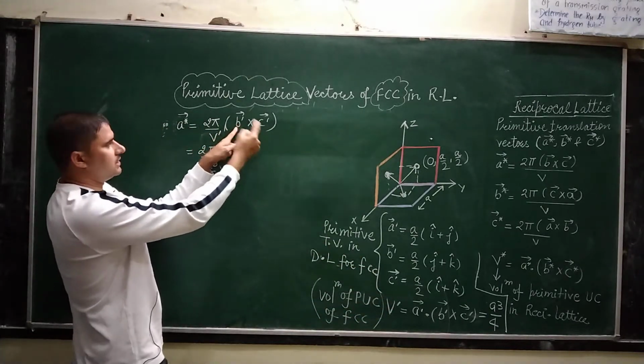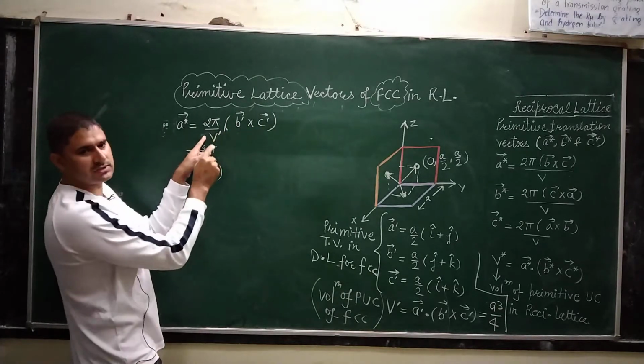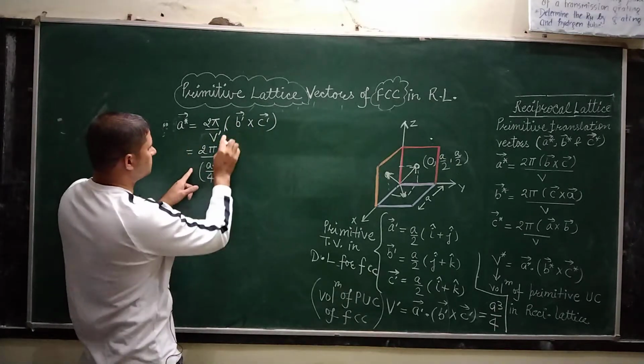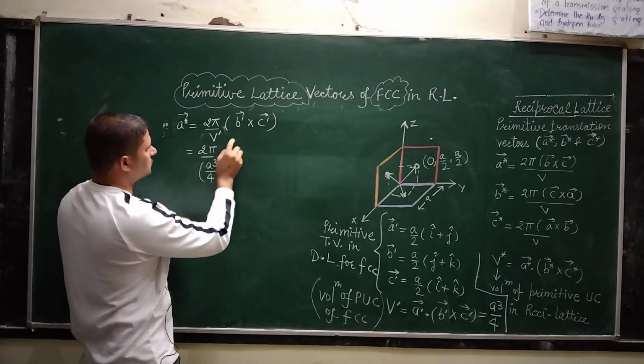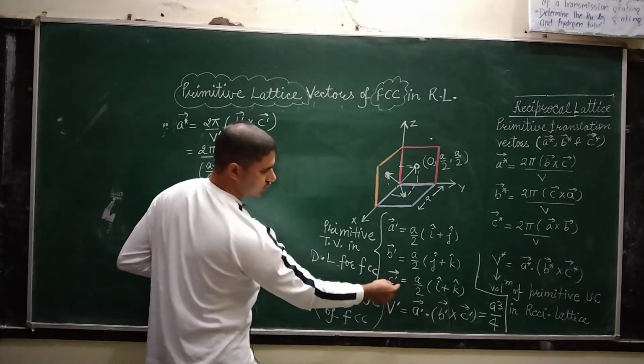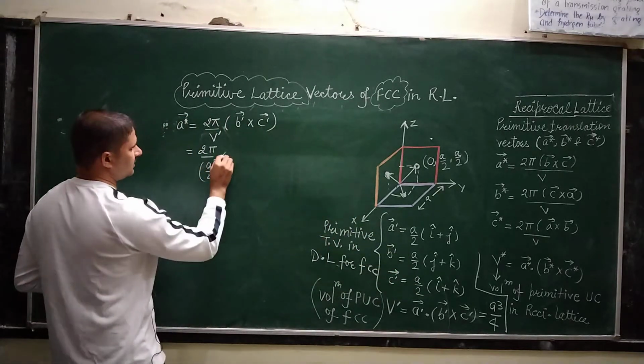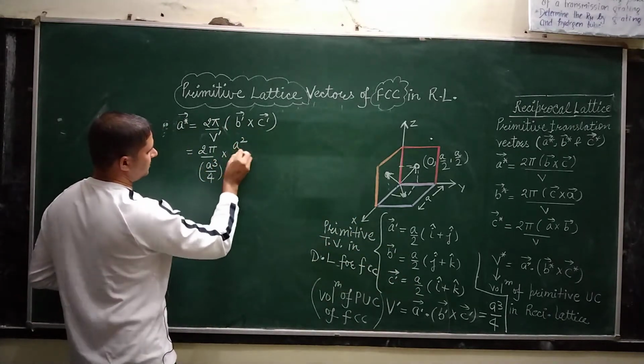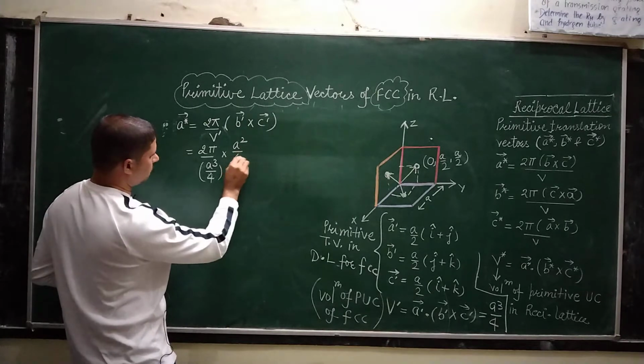Primitive vectors are A dash, B dash, C dash, and the volume is V dash. So here if you put B dash and C dash, A by 2 is common in both, and if you multiply, then you will get A square by 2 to the power 4.